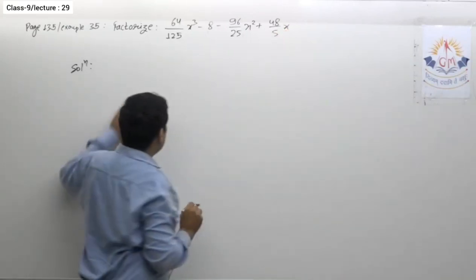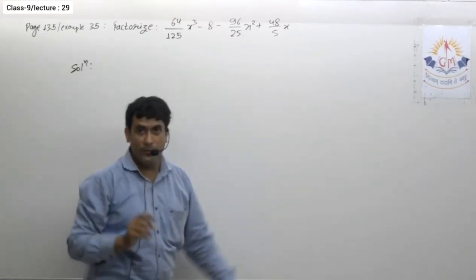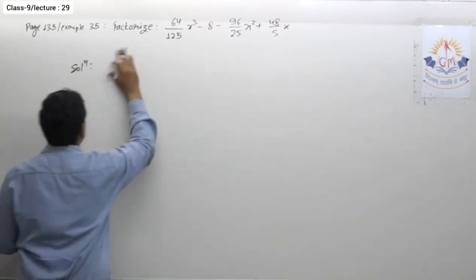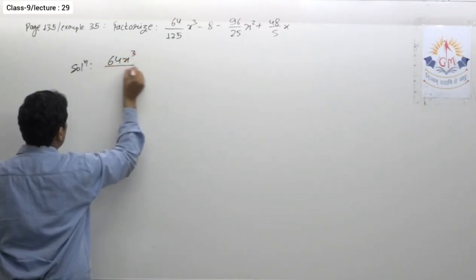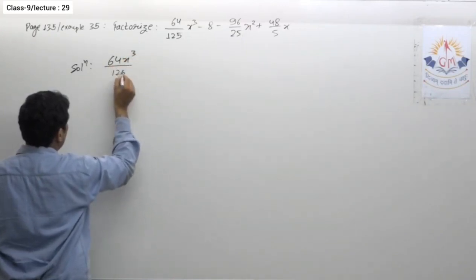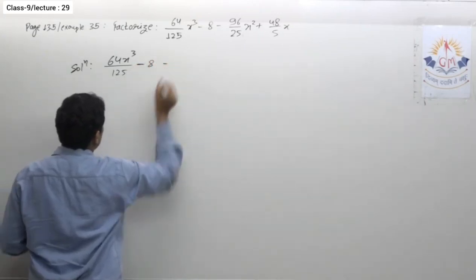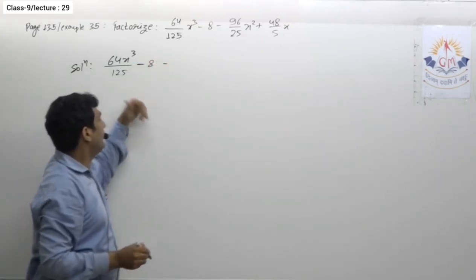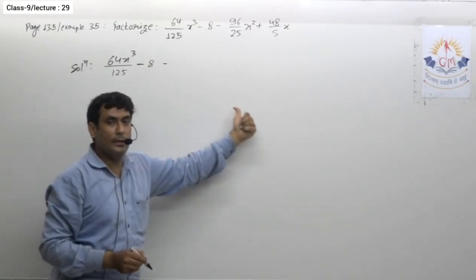Again, if you observe, the very first two terms are in the form of exact cubes. So let us see how to simplify this: 64 x cube upon 125 minus 8. Now instead of plus, there is a minus sign, doesn't matter, because over there the identity was a cube plus b cube plus 3ab into (a plus b).